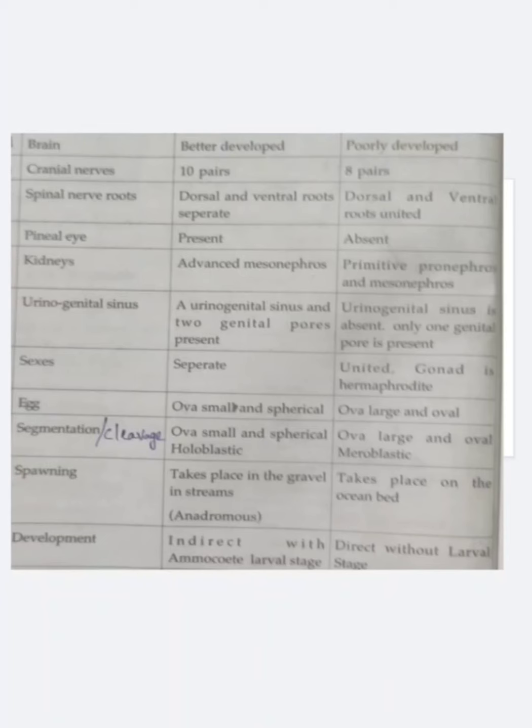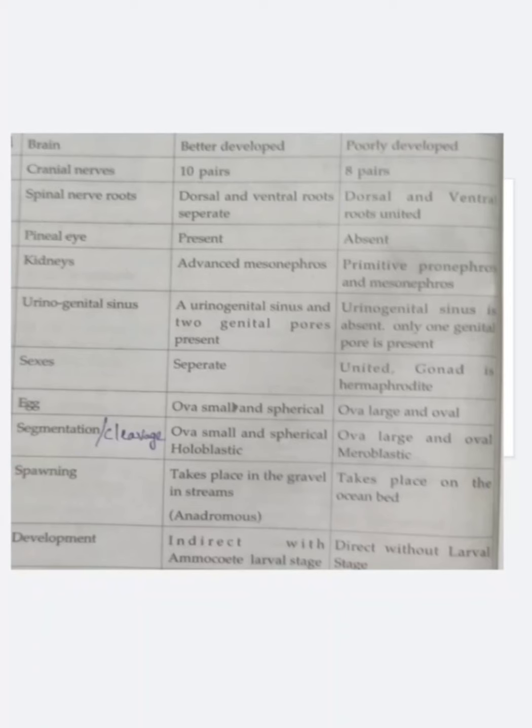When we see the egg or ova, it is small and spherical in Petromyzon, but in Myxine the ova is large and oval shaped, and the cleavage type is holoblastic in Petromyzon and meroblastic in Myxine.